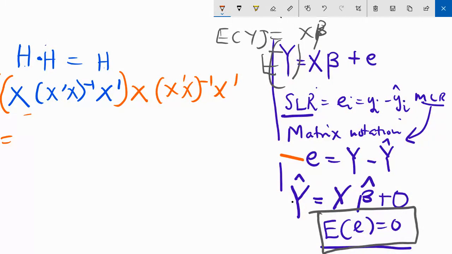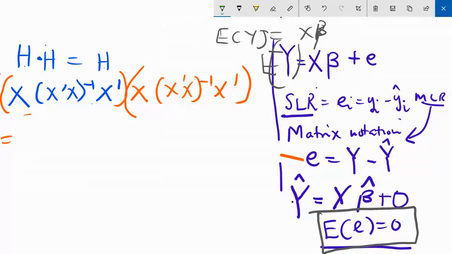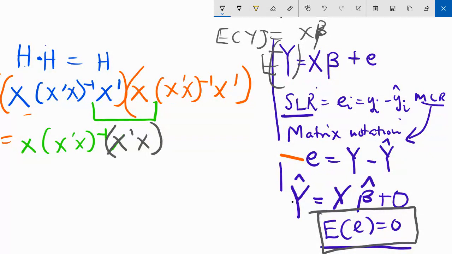Now, let me put another bracket here. But if you check the middle two, these two, we can combine them. So we'll be left with X inverse of X. And I want to combine these two, X prime X. I want to put this inside what?